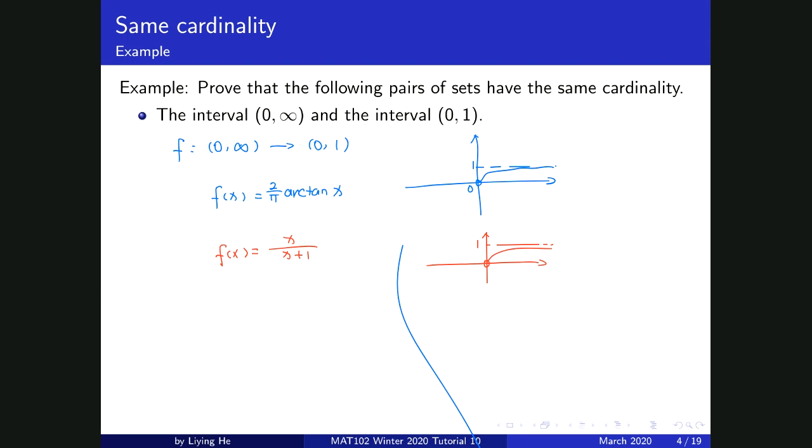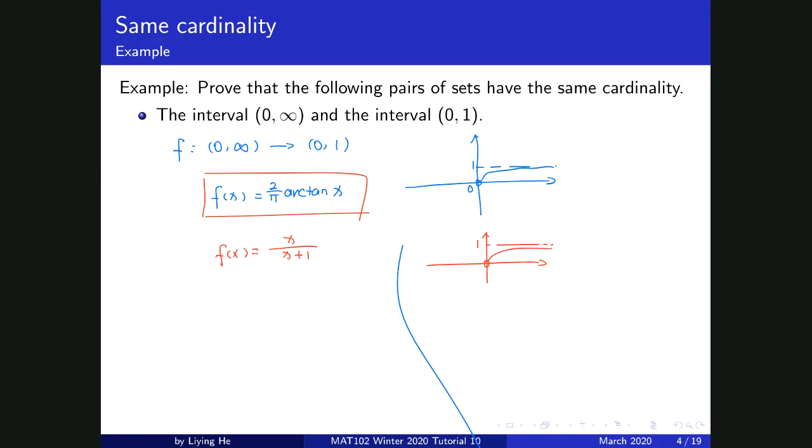Okay, any question? Yes, okay. Is coming up with the function the only way to prove the same cardinality? So what I was going to mention is that if you used this one, I think it's quite obvious that it's a bijection. So if you come up with an easy function, let's say a linear function, then you don't really need to prove that it's a bijection, although the proof is really easy.